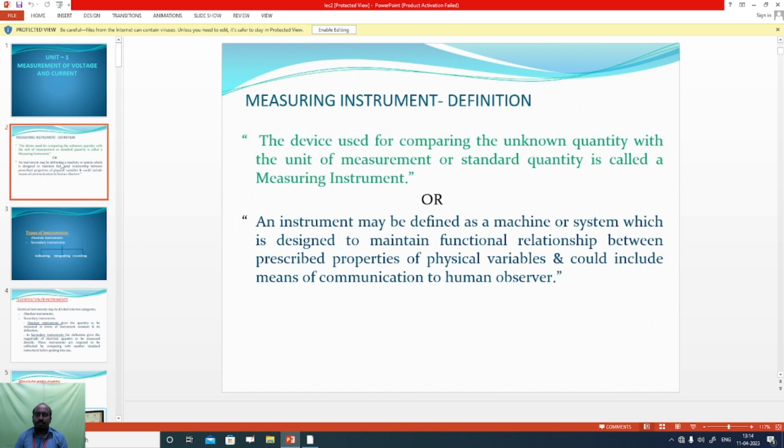After that, in induction type instruments, permanent magnet moving coil type instruments, dynamometer type instruments, and rectifier type instruments, they all work based on this common principle. Only the deflecting force is produced by different actions. So these are all the basics of measuring instruments which are used to measure voltage and current. Thank you.